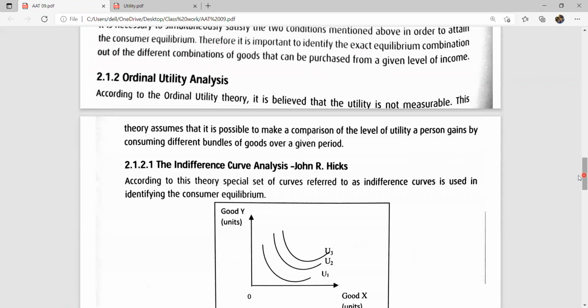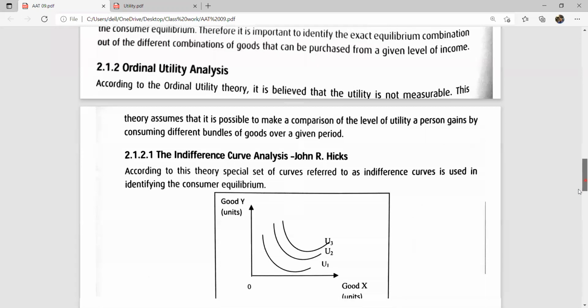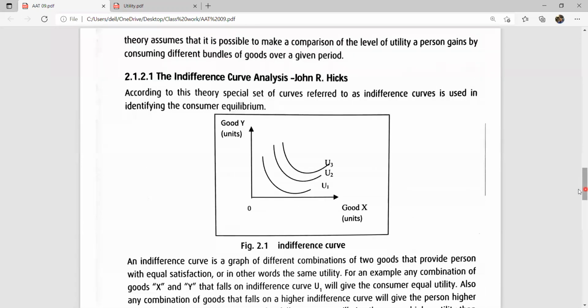So then, the ordinal theory concentrates once again on consumer equilibrium. Earlier we also considered consumers purchasing two goods. Right now we concentrate on consumers purchasing two products. If a consumer purchases two products, consumers are considering substitutes, like they can purchase good X or good Y for the satisfaction.